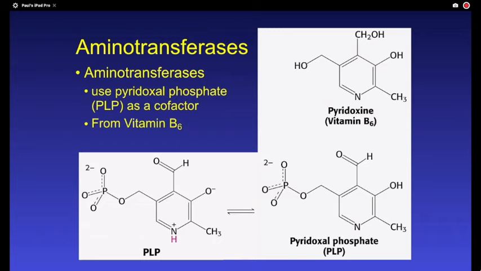We saw TPP before, and we've seen it used in a couple of reactions, but the TPP was always used as a nucleophile, and it was used exactly the same in different enzymes. Here we're using a cofactor in 2 separate different ways. You can see the vitamin B6 that we eat is the alcohol, and then the oxidized aldehyde, and the phosphorylated version is the cofactor.